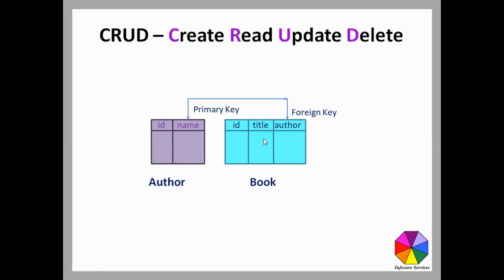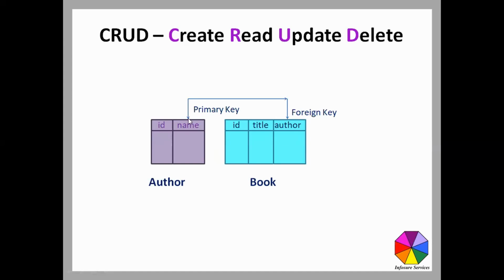The book ID itself will appear, but the name of the author is the foreign key here. So this author might have 3 books. Then there are 3 records here for one single record here.